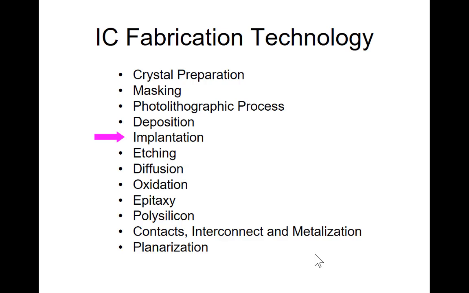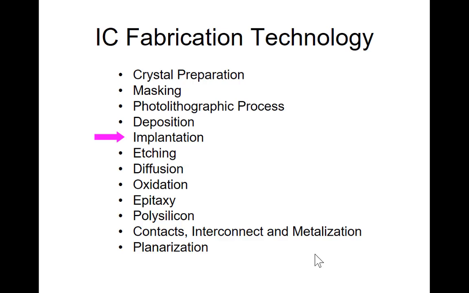Implantation is a process that is almost like you shoot your guns and shoot some bullets into the material. But now the bullets are ions. Then what you need is a machine, or the gun. It will accelerate the ions to high speed, and then shoot them into the surface of the wafer.